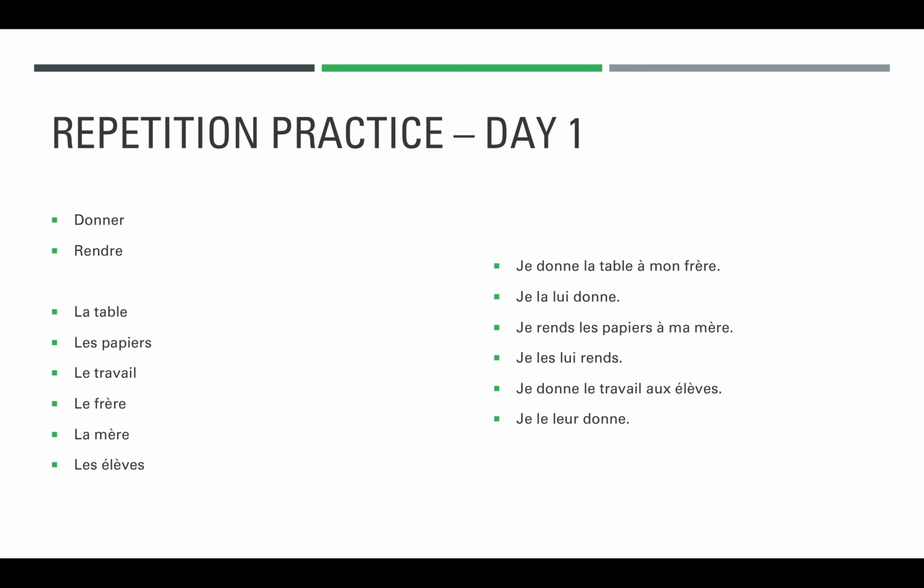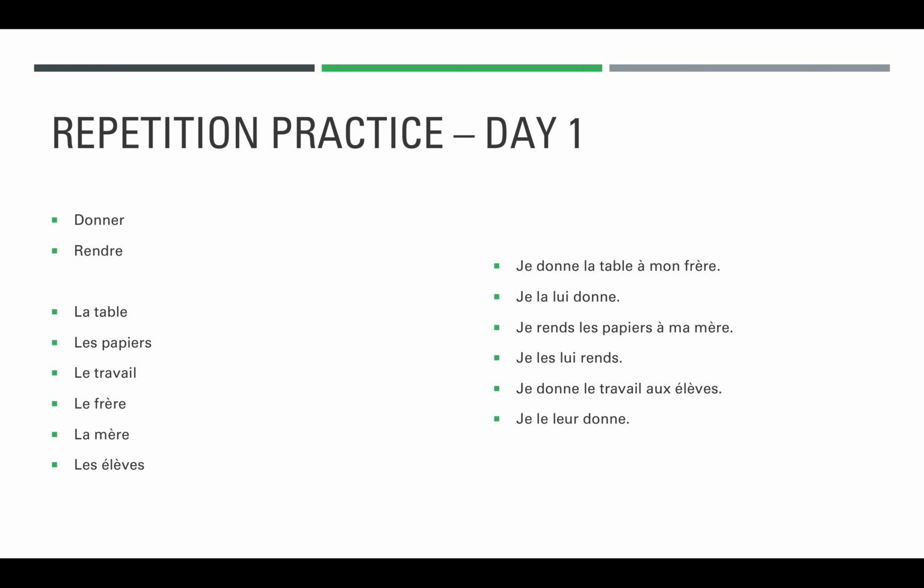So pick maybe 4 vocabulary words. If you want to just practice the direct object pronouns, pick 3. If you want to practice just the indirect object pronouns, pick 3. If you want to practice both of them, pick 6. Okay? And it just depends. But pick them and make it as easy as possible. What you want is the repetition, not necessarily exposure to additional vocabulary.